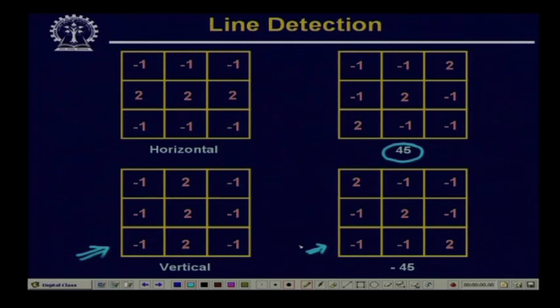Now, for line detection, what is done is you apply all these 4 masks on the image.